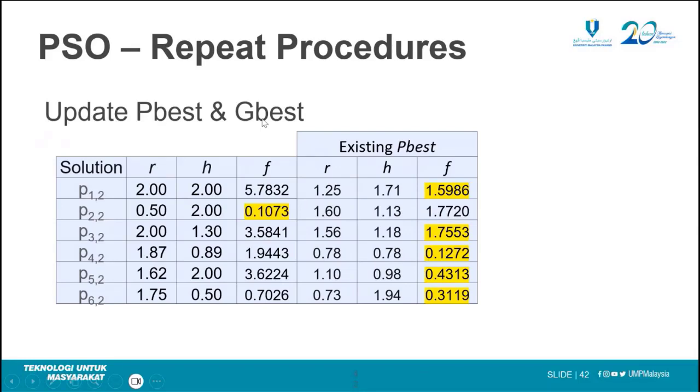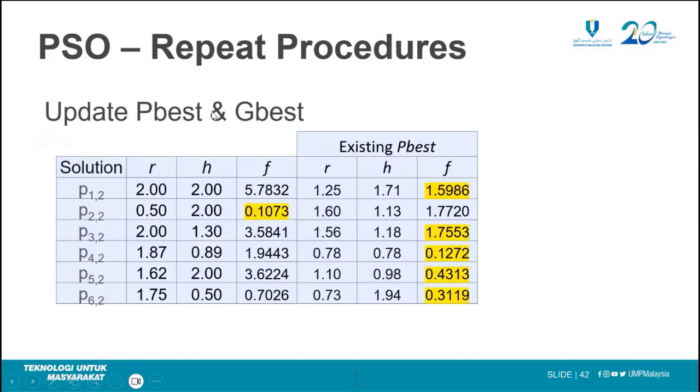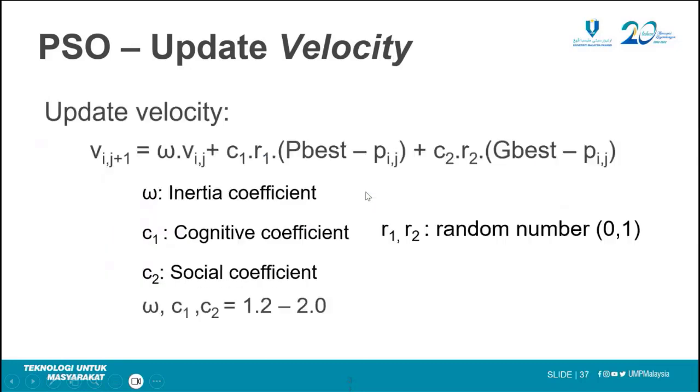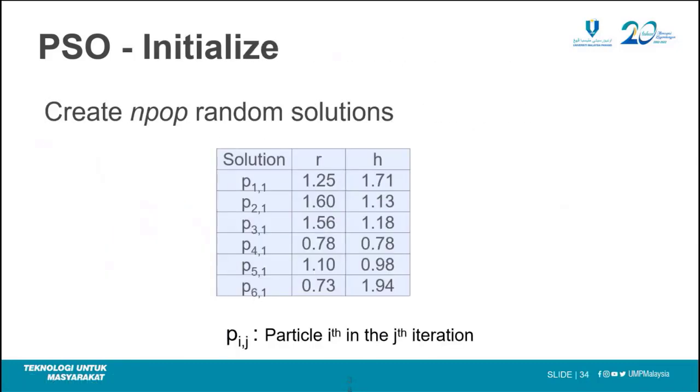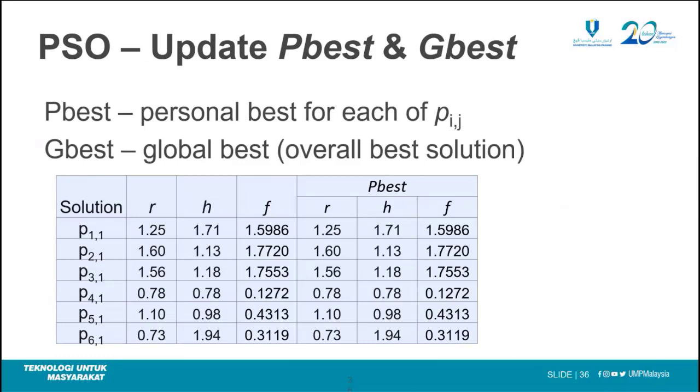So update P-best and G-best. Evaluate, then update P-best and G-best. Now at this stage, we already have the historical value of P-best. So this is the existing P-best, which is obtained from the first iteration, coming from this value.